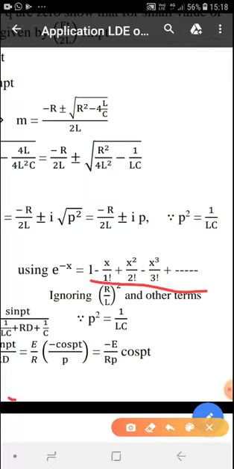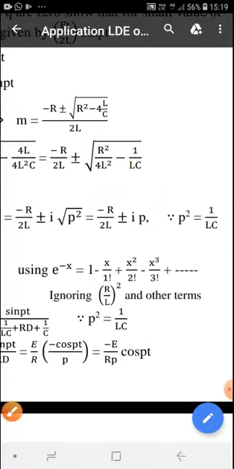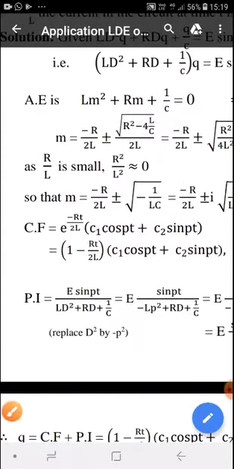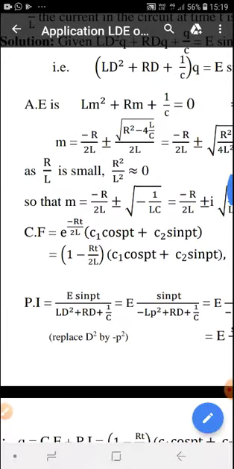And similarly in all the succeeding terms that R square by L square comes. Since R square by L square is approximately 0, you can ignore those terms. So remaining will be 1 minus Rt by 2L. So e power minus Rt by 2L can be taken as 1 minus Rt by 2L into C1 cos pt plus C2 sin pt. Then the particular integral.